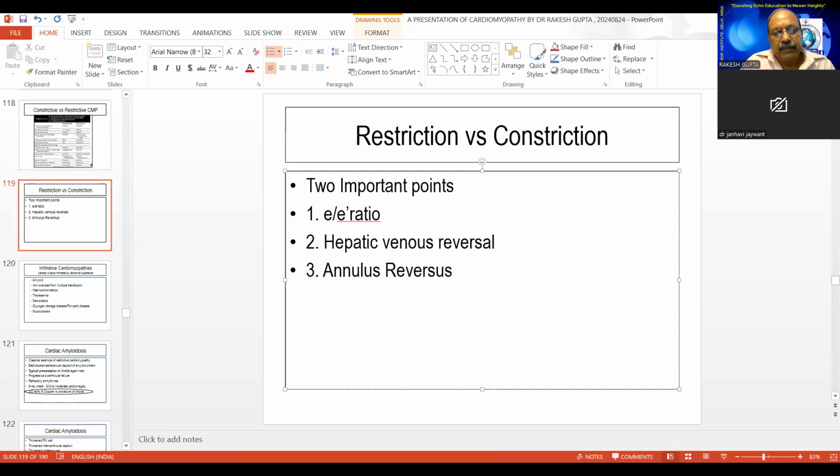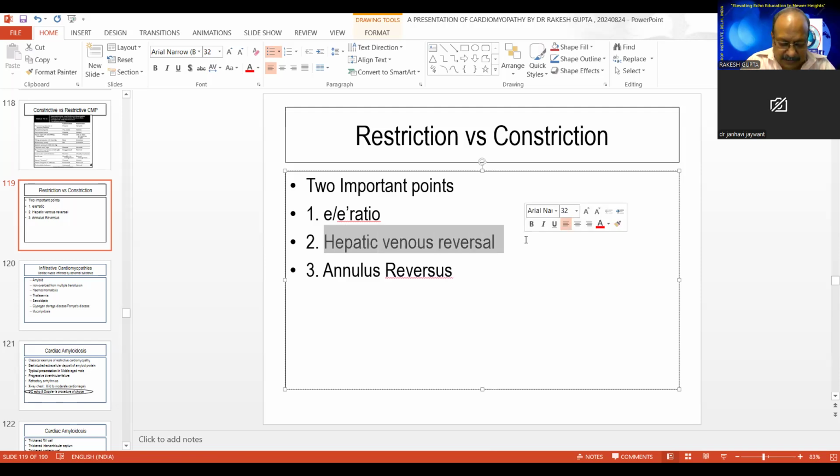It will be more than 8. It's increased. If you look at E to E prime, it will be increased more than 8, average is 10 to 14 or more than 14. Yeah, more than 8. In constriction, it will be reverse. Correct? Yes, sir.